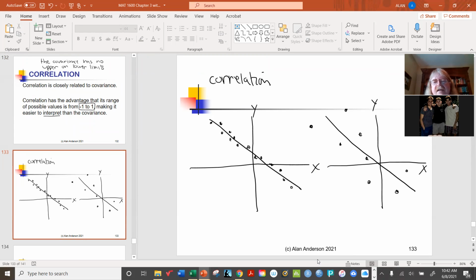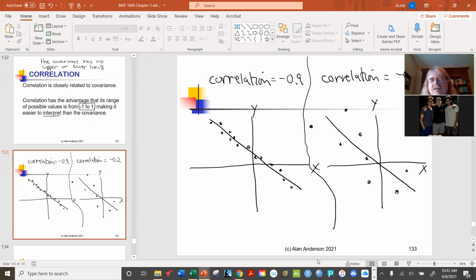Let's say that it's -0.9. And over here, the correlation is -0.2. So remember, the correlation cannot fall outside the range, positive to -1.